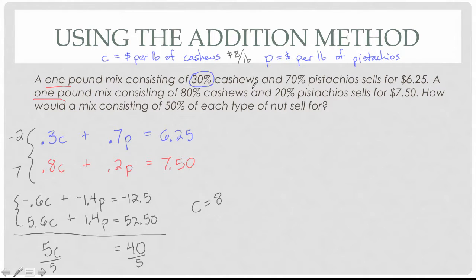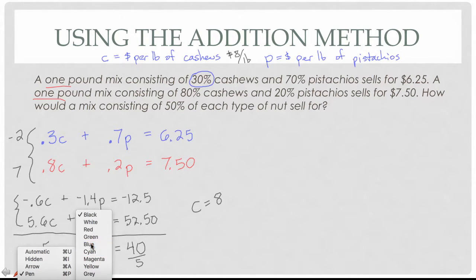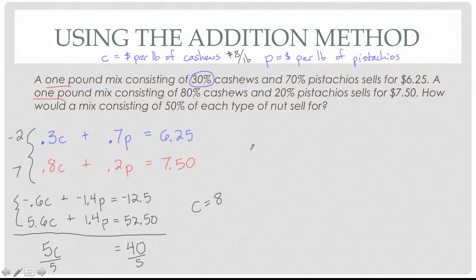All right, I still need to find out how much it costs for pistachios. So let's go back now and solve for pistachios. If I know C is 8, I'm going to put 8 in for C. So 0.3 times 8 plus 0.7 times P equals 6.25. And I'm going to solve for P. 0.3 times 8 is 2.4 plus 0.7 P equals 6.25.